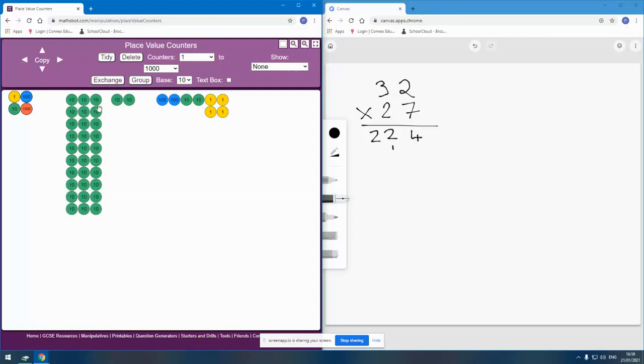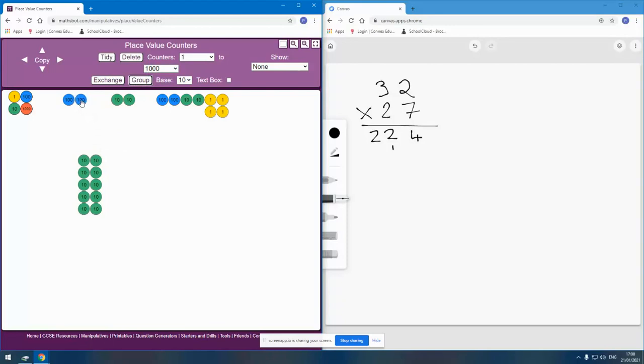And then I can start grouping these together. So I can group some 10s here. Thought it might do that. And then I've still got clearly lots more 10s, so I can start grouping some of those together. 2, 3, 4, 5, 6, 7, 8, 9, 10.